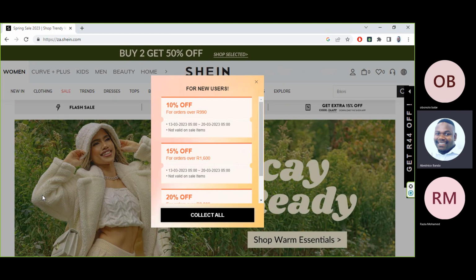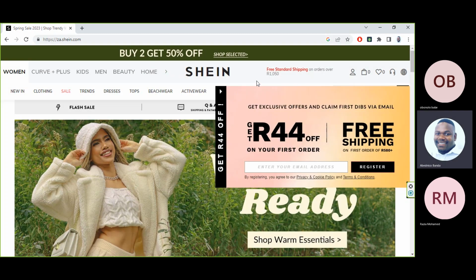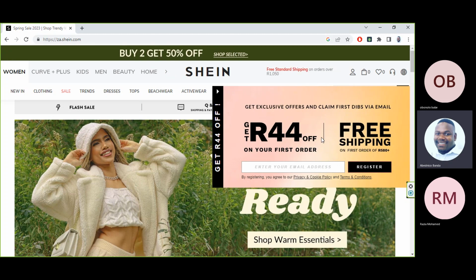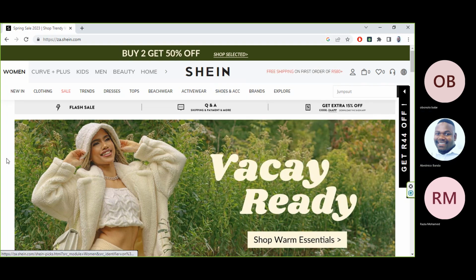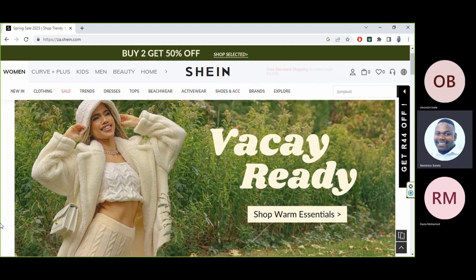So you need to take note of this. And what happens if I close it? There's something else. This one is for shipping. They're giving me 44 Rand for free shipping. Okay. All right. Let me hide this. It's hidden. So that's the Shein page.